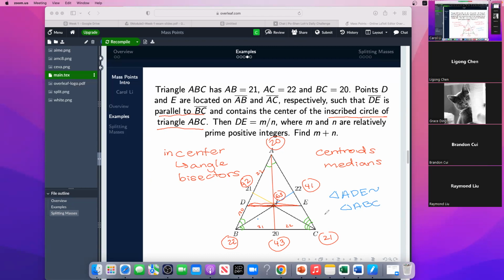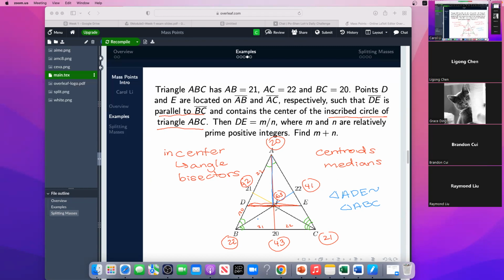Okay, great. Now, what is the ratio of the area? I believe, especially if you look at this middle one, which I just wrote in blue, we can see that the ratio of this is actually 43 to 63, right?